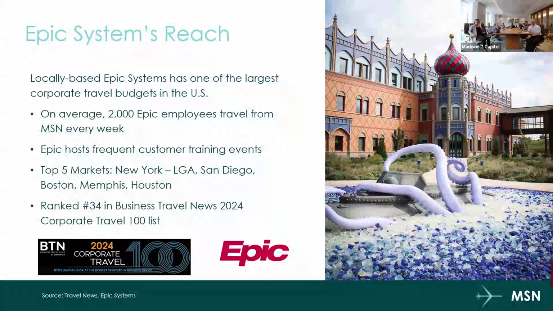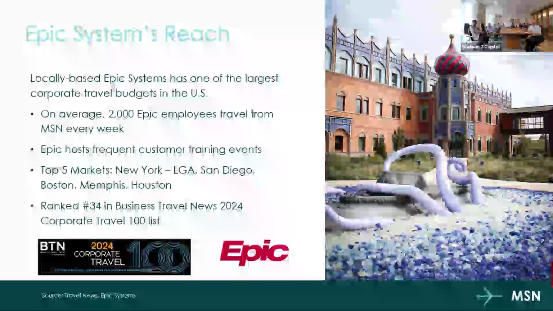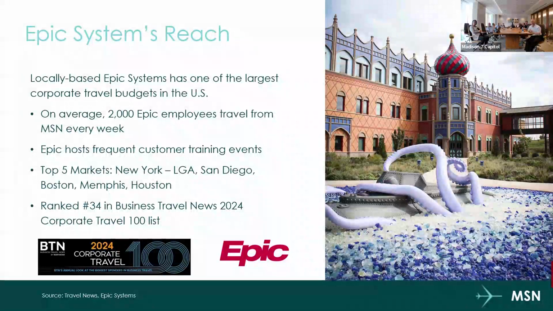This answers your question. Yeah, so we have a slide on Epic showing how much they travel out of the airport. The frequent customer events with XGM just happening last month into this month, and then UGM in August. And then this shows their top 5 markets. New York LaGuardia being their first one. That's why American added another LaGuardia flight.